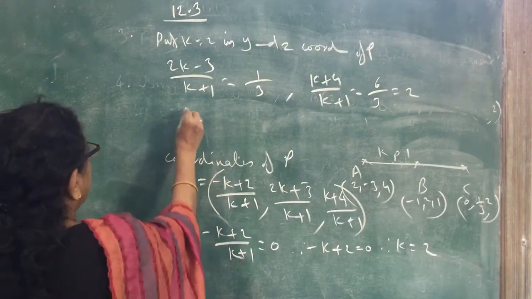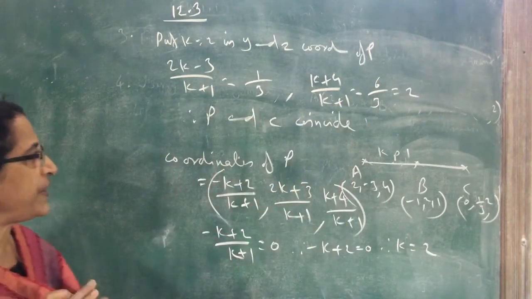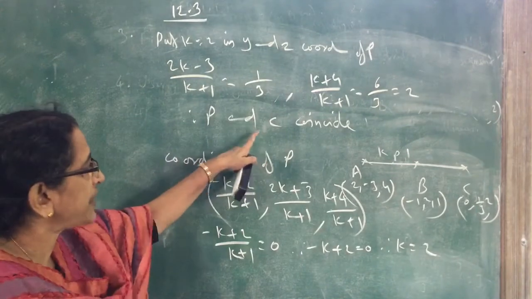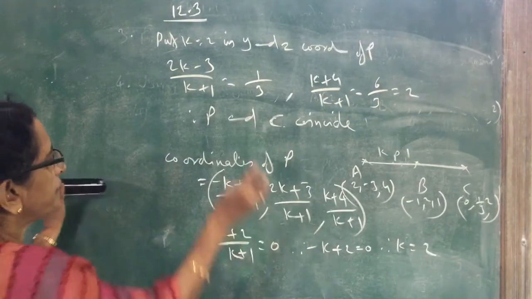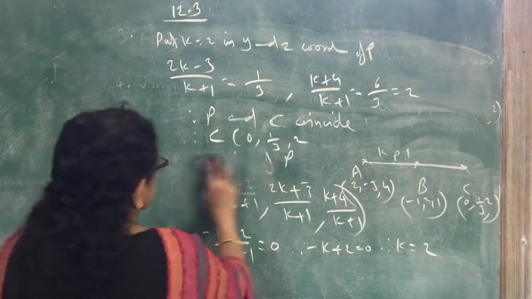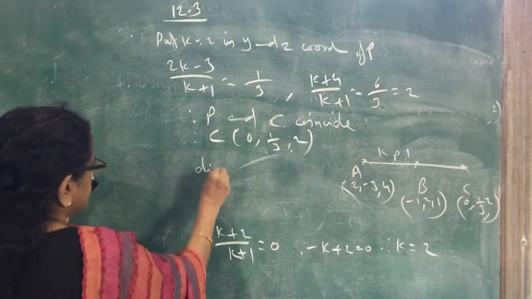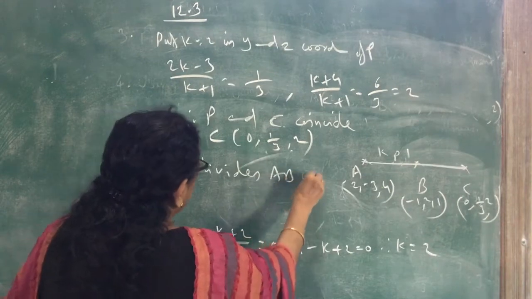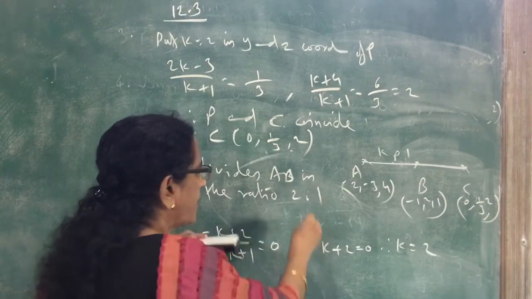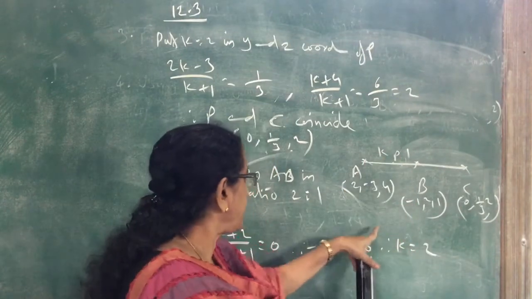So we can understand that points P and C coincide, that the point we have taken as P and C are the same point. Therefore C, 0, 1 by 3, 2 divides AB in the ratio 2 is to 1, because we assumed that the ratio is K is to 1 and we got K equal to 2. So the ratio is 2:1.